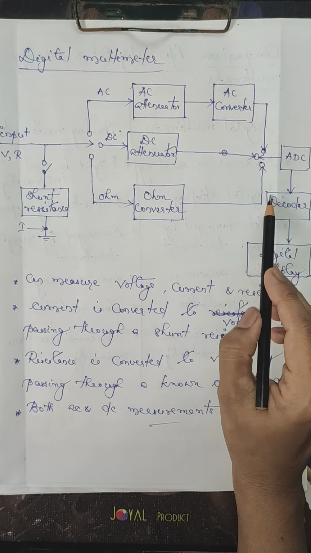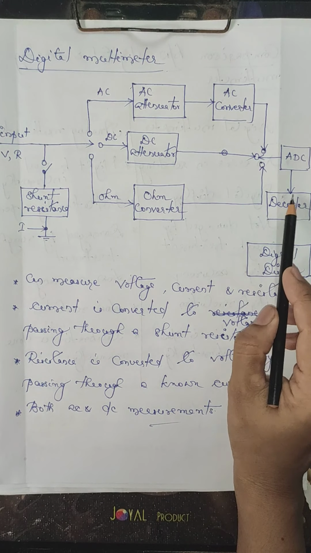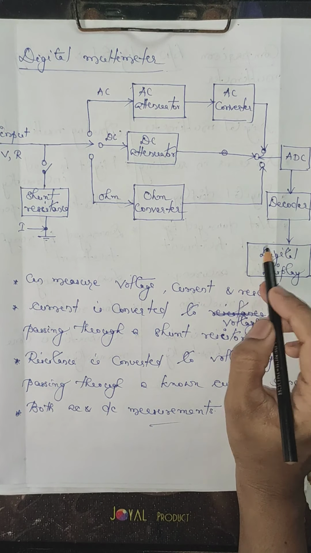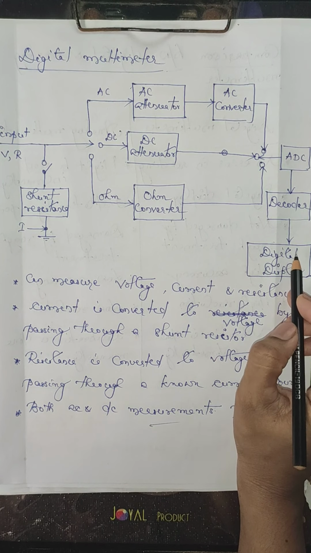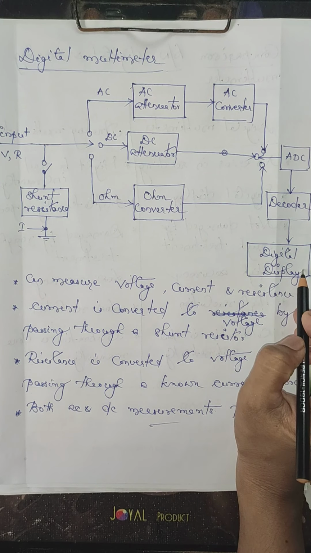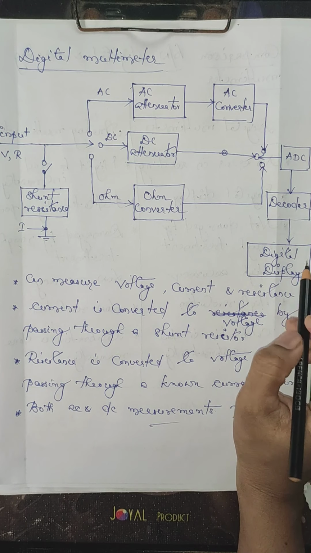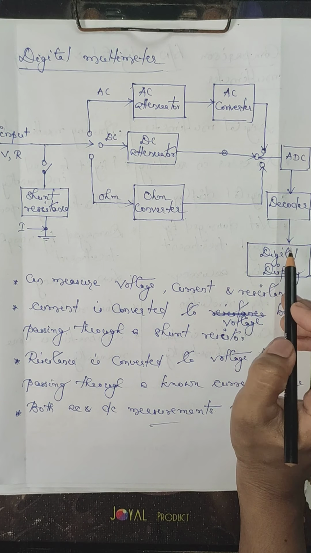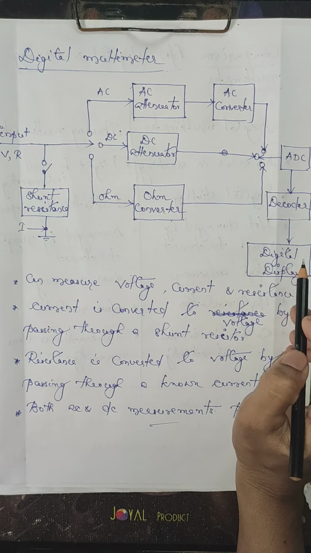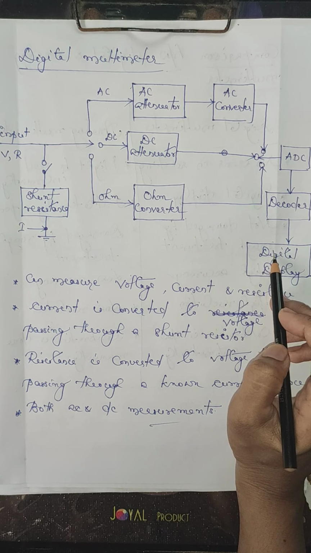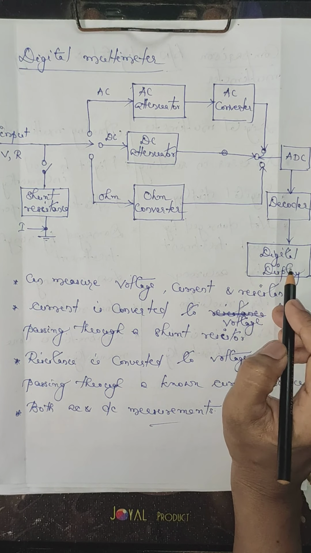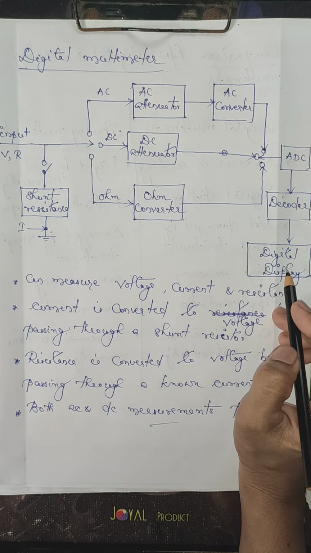The decoder takes the exact value of the parameter to be measured, and it is given to a digital display. So the digital multimeter uses a 7-segment display like in your calculator. So from the decoder output, the display displays the value of the parameter being measured, the voltage, current or resistance value. So this is the working of a digital multimeter.